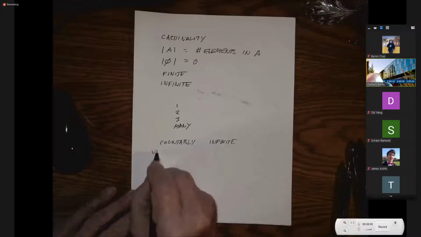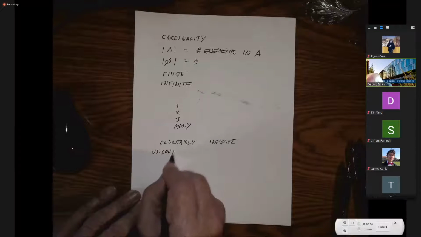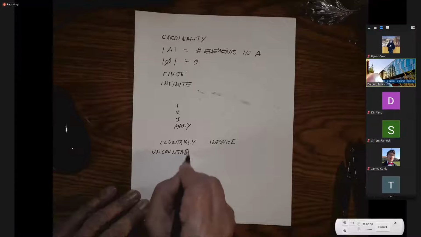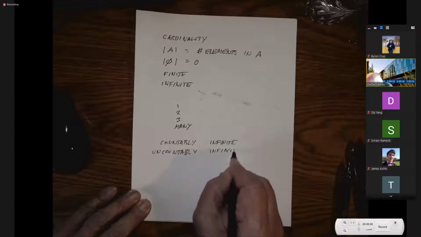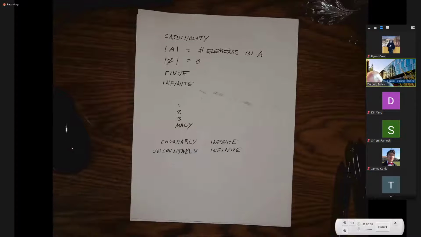And uncountably infinite. Okay, and so with the countably infinite, what we have in one sack is the natural numbers.